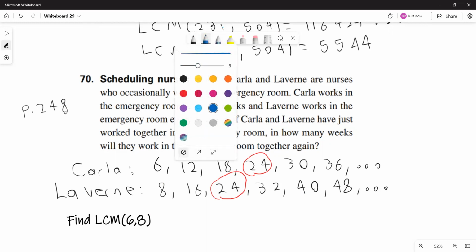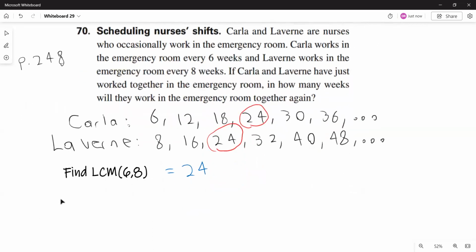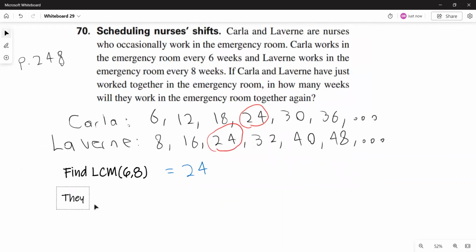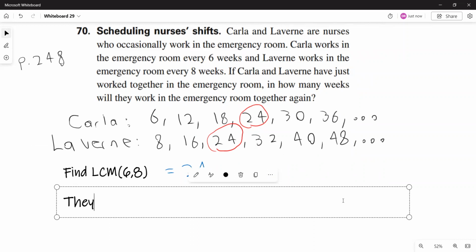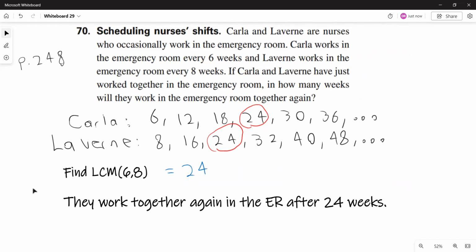So the least common multiple of these two is 24, and they will work together again in the ER after 24 weeks. So that was an application of the least common multiple, and the last application is going to be an application of the greatest common divisor.